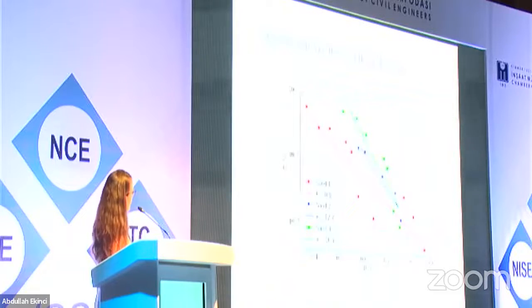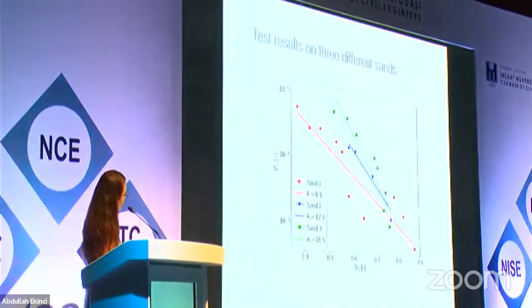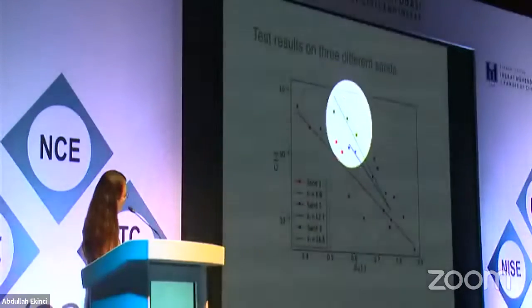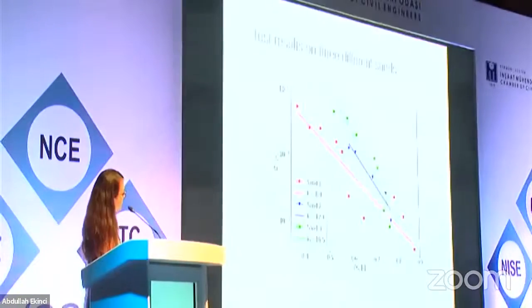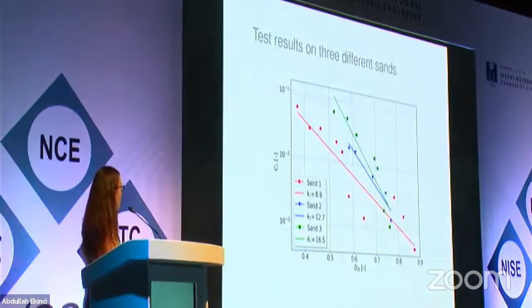Now, I present here the results in this semi-logarithmic representation showing the dependency between the initial relative density and the CL value. As we can see here, the KL value, this regression coefficient, in the case of sand 3 is larger than in the case of sands 1 and 2. Also, it is noticeable that the initial densities here, in the loosest state, fall in a medium dense to dense range.